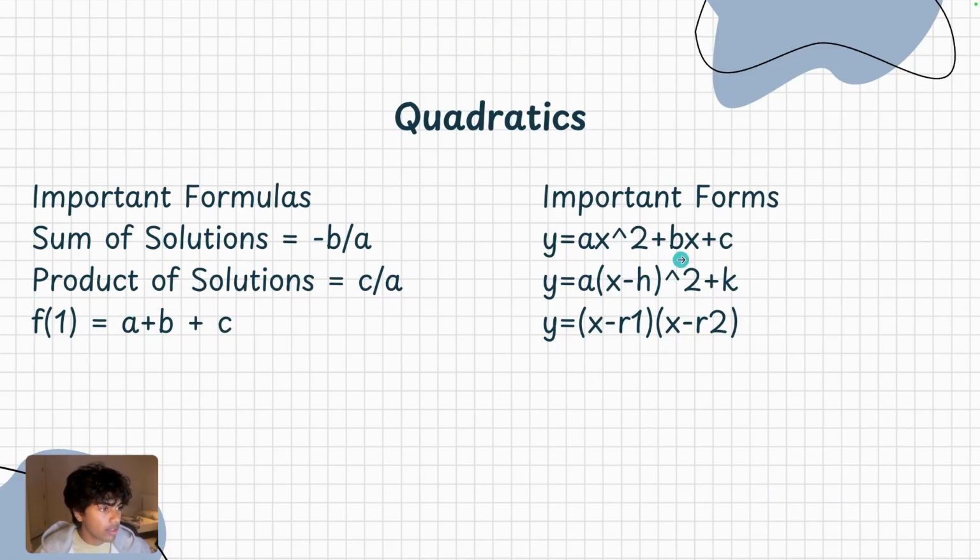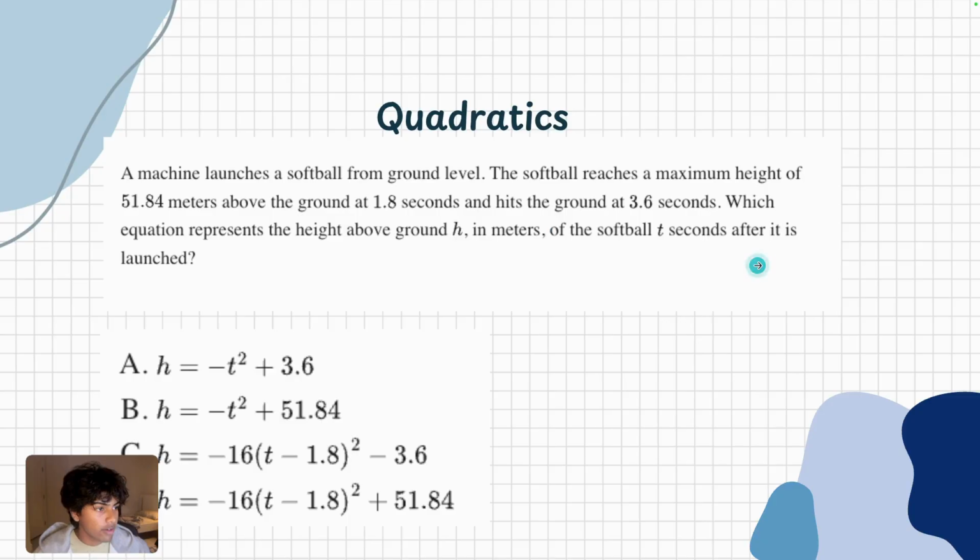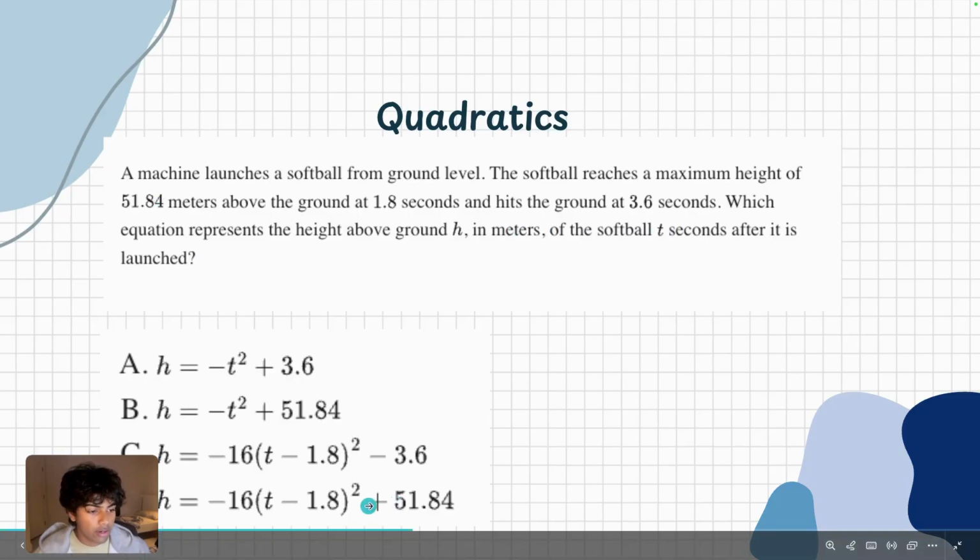This is your vertex form, x minus h, where h is your x and k is your y for your vertex. So with that, we can just see that the highest point is 51.84, vertex form right there, 51.84. This is going to be your answer.